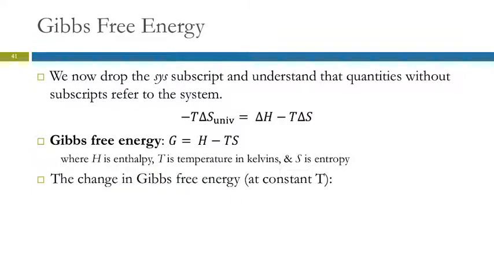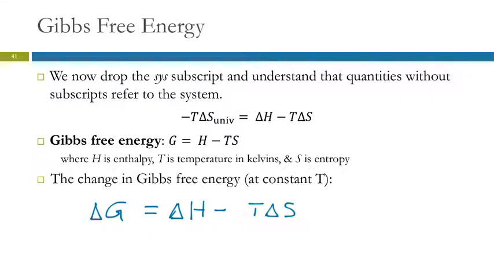And so the change in the Gibbs free energy is delta H minus T delta S at constant temperature. The change in that is equal to the change in the enthalpy. Now we would put delta T delta S, except we specify constant temperature.